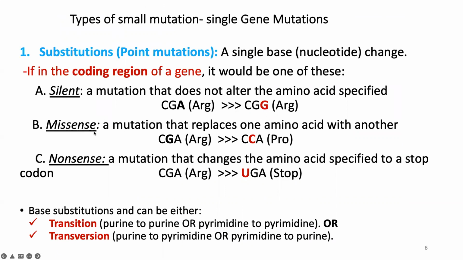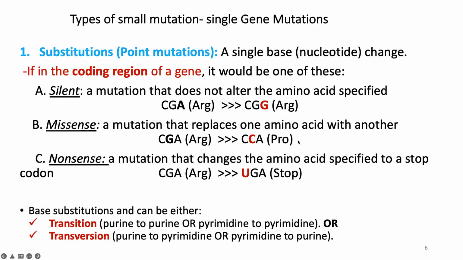We have another type of mutation that's called missense mutation, and this is the mutation that replaces one amino acid with another. As we can see, one point substituted or altered to another, G to C, but this replaces the amino acid from arginine to proline.